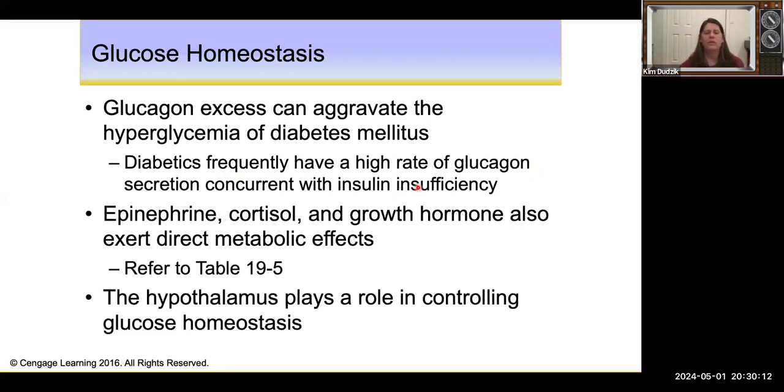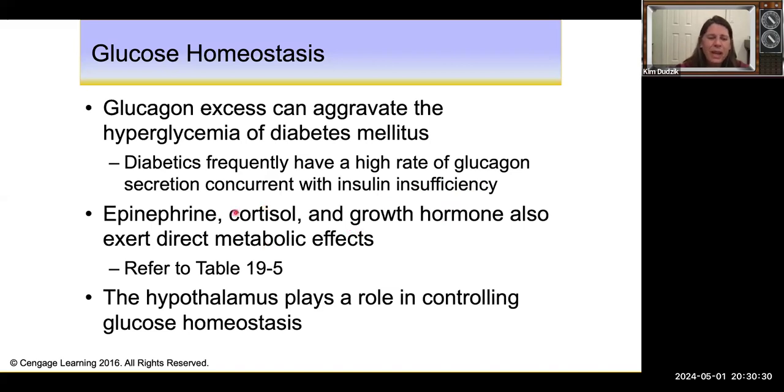So having those in conjunction can really help control blood glucose levels for people with diabetes mellitus. Okay. Rewind that if you need to hear that again and again in order to understand that.